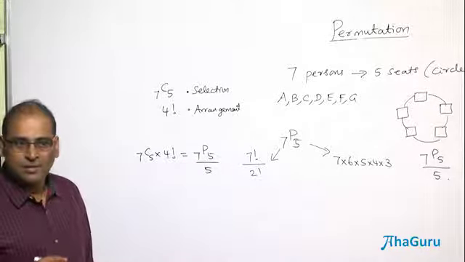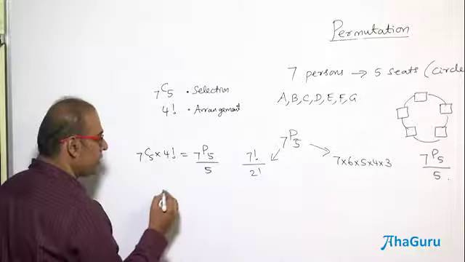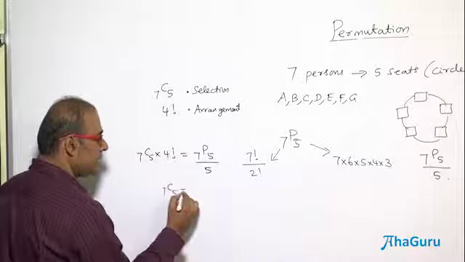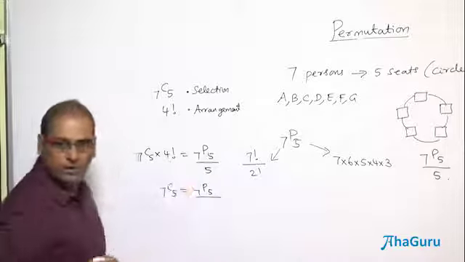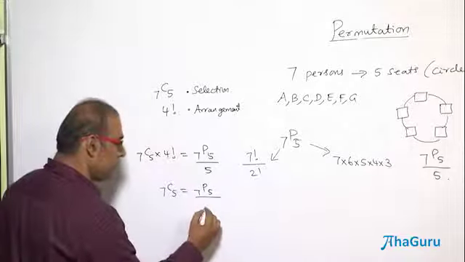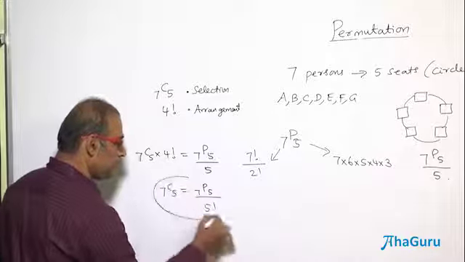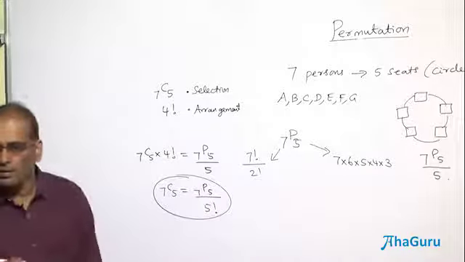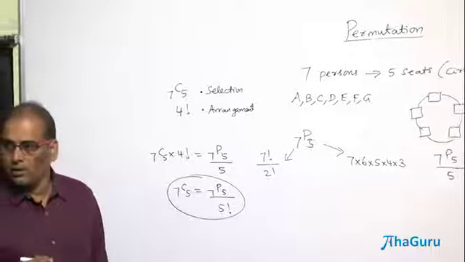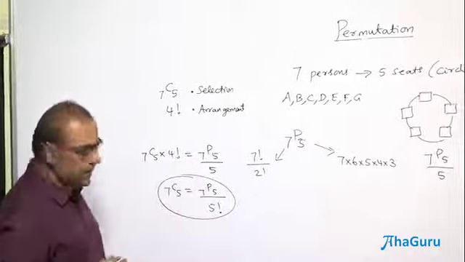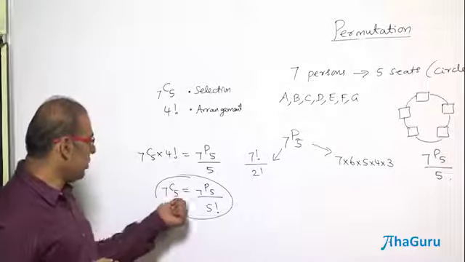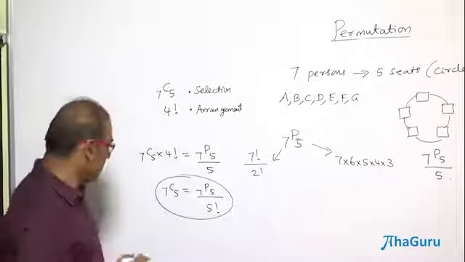Are you able to understand? So can you take this 4 factorial here? What do you get? 7P5 divided by 4 factorial into 5. What is 4 factorial into 5? 5 factorial. Understood or not? So actually it's the same thing I have got in 2 different routes, right? And I am getting a link between the combination and the permutation.